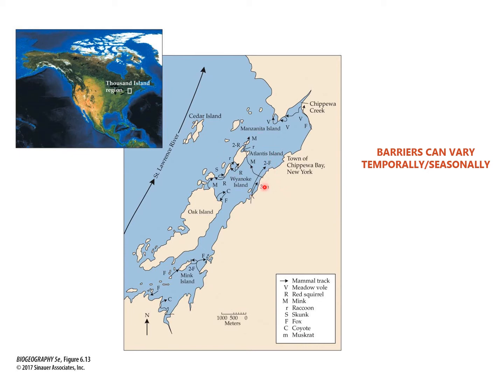If this is not frozen, then certain organisms are not going to be able to cross this. Particularly, I would say most of these are probably not going to be able to swim across these areas, and so these areas are only available to them during certain times of the year. So there's temporal dynamics there.